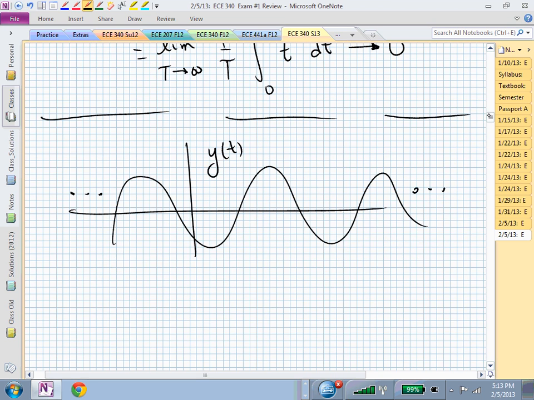If it's periodic, then you just have to look at it for one period. If it's not periodic, then you need to let time go to infinity, and you basically average the area underneath that y squared curve. You would have to be given some information on that waveform in order to do that integral.